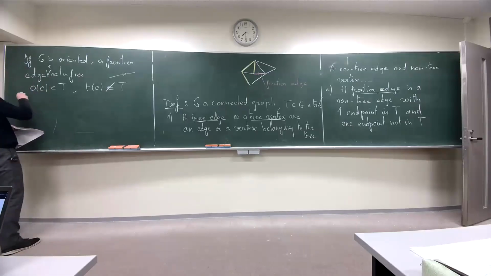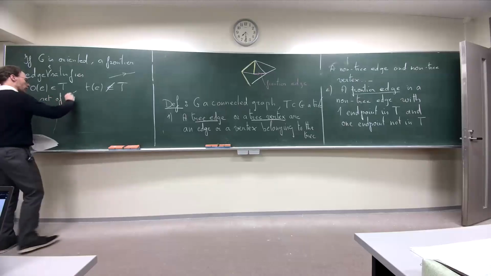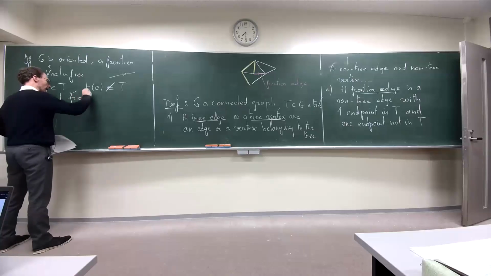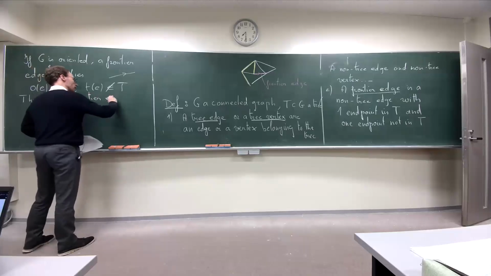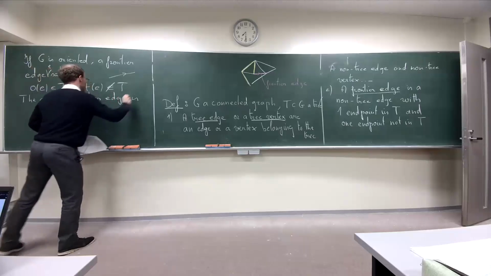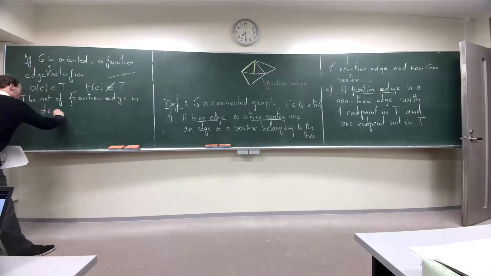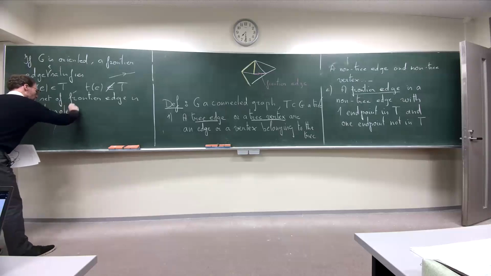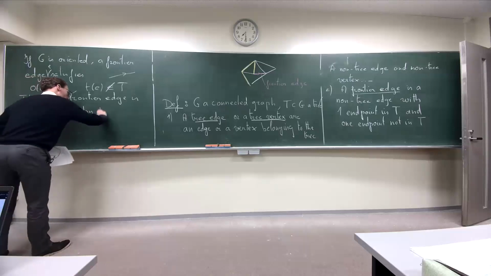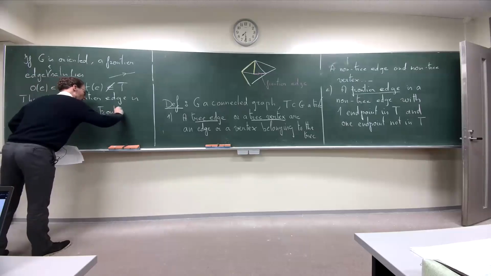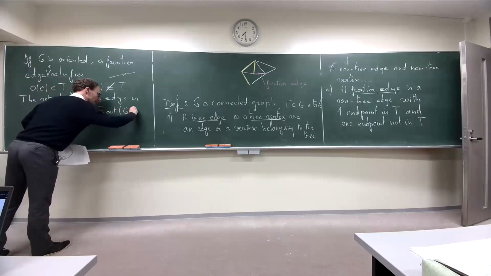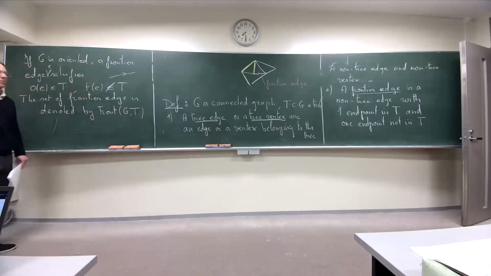And the set of frontier edges is denoted by Front. It depends on G and it depends on T, so I need to give a name.